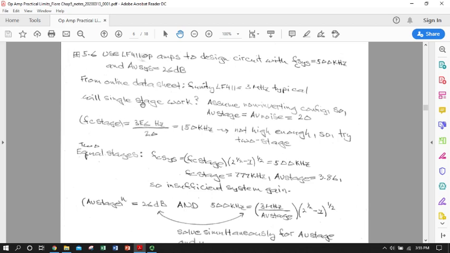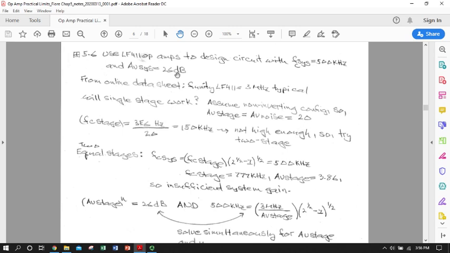So just stepping through. First let's check: this is a fairly large gain bandwidth op amp. Could we do it with one stage? Always worth checking. Keep it simple, right? If we assume a non-inverting configuration, our AV stage and our AV noise are the same.